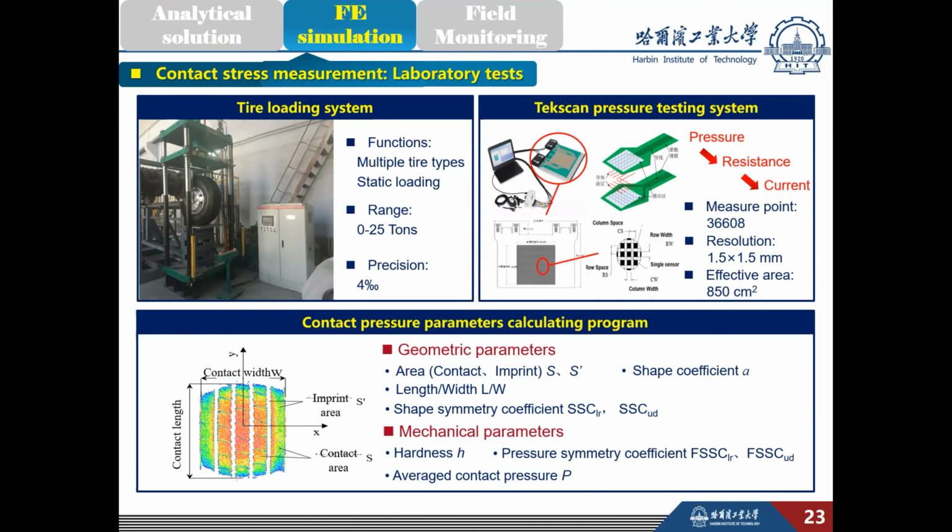Subsequently, we compiled a specialized program to deal with the obtained data. Geometric and mechanical parameters for characterizing tire contact pressure can be automatically calculated, like area, shape, length, and hardness.